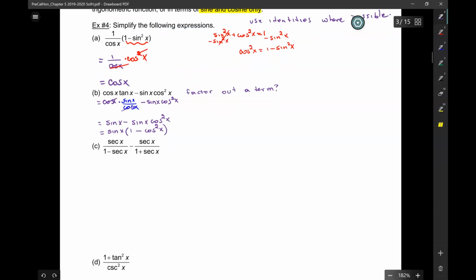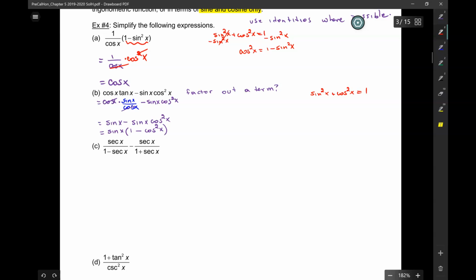Uh-oh, what is that? That's a Pythagorean identity: sine squared x plus cosine squared x equals 1. That's just the identity that I'm writing here from the previous page.